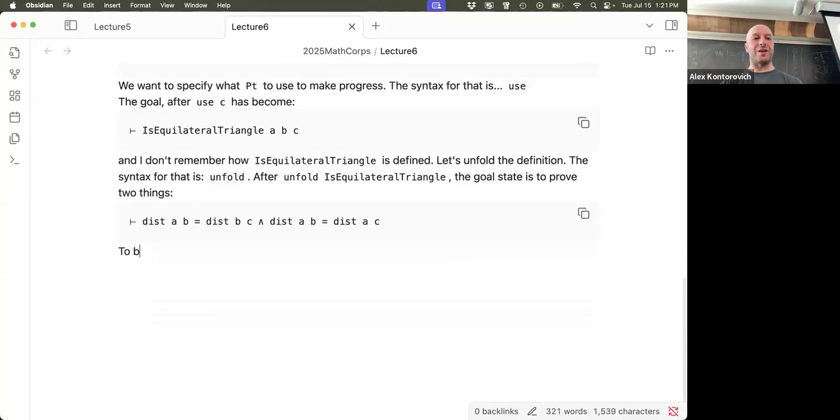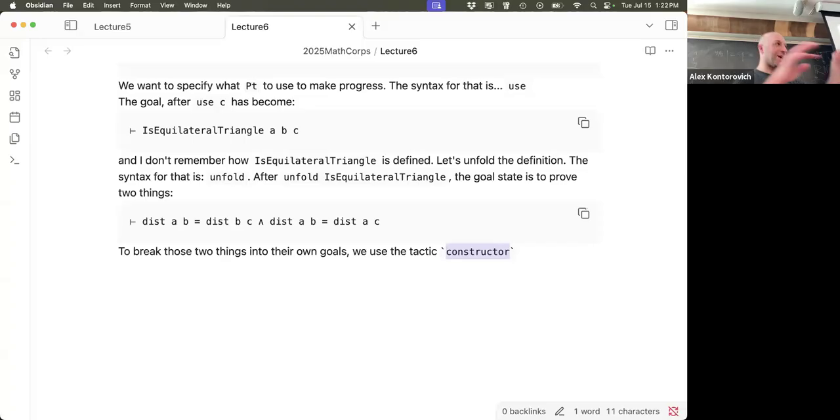So to break those two things into their own goals, we use the tactic. It's called constructor. Constructor means I want to construct a whole bunch of things together, but I want to do it one at a time.